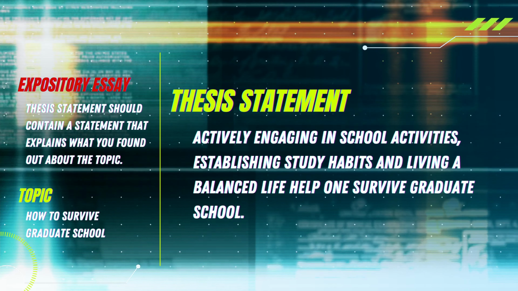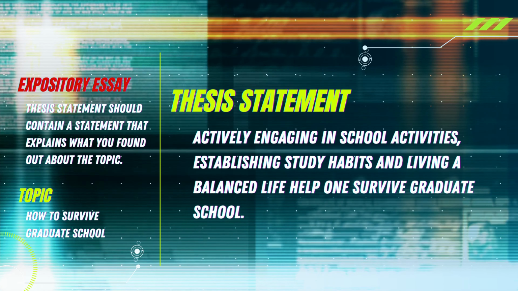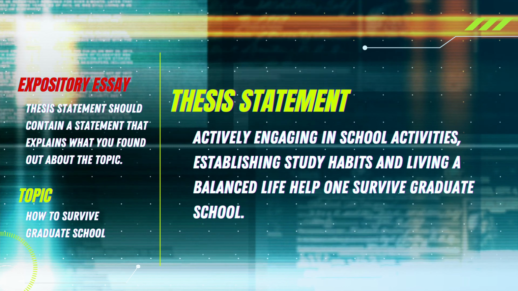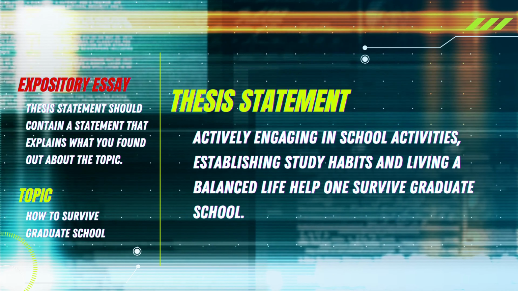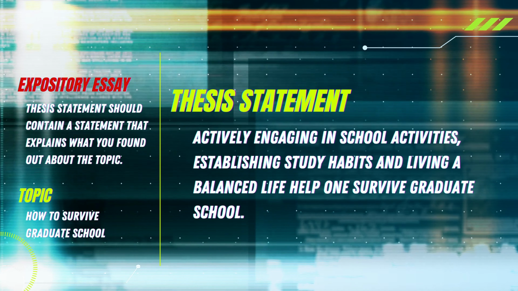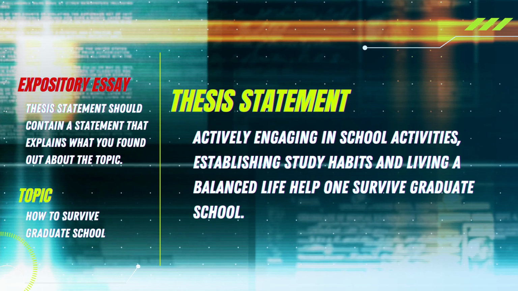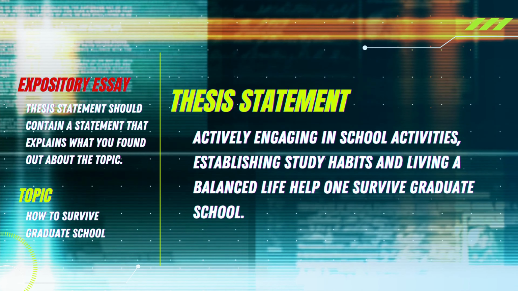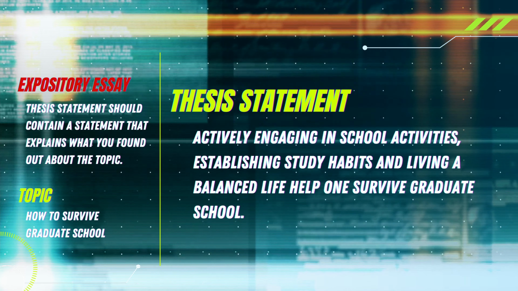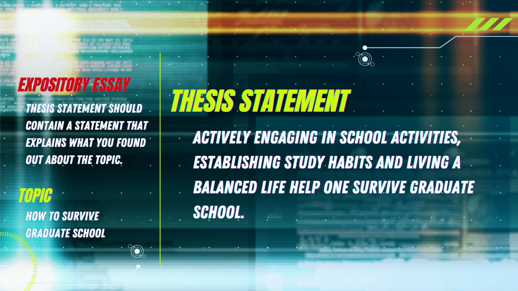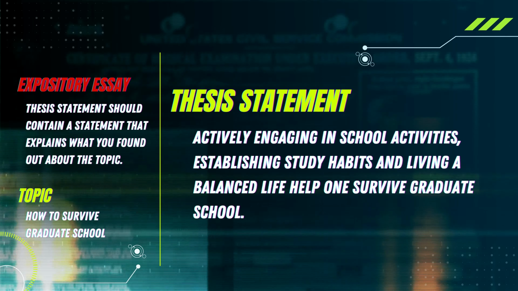"Actively engaging in school activities, establishing study habits, and living a balanced life help one survive graduate school." There are two things you can notice in this thesis statement. The first one is it answers the question how, which is the topic. The second one is it gives you an overview of what you can expect in the paragraphs in the body part of the essay.